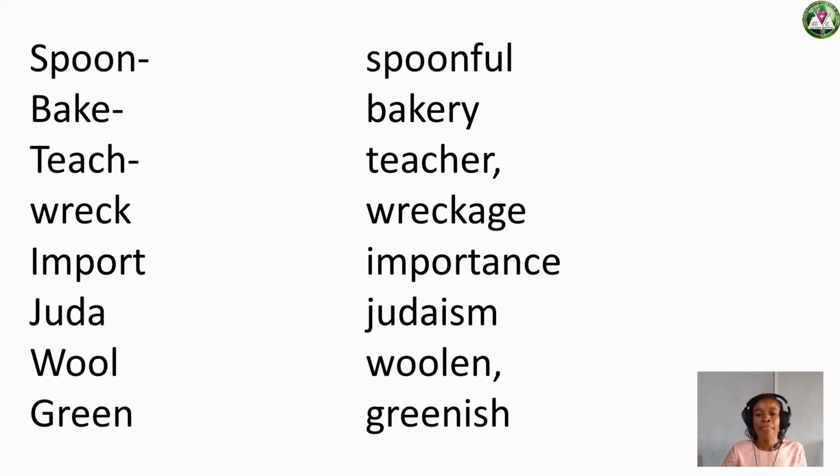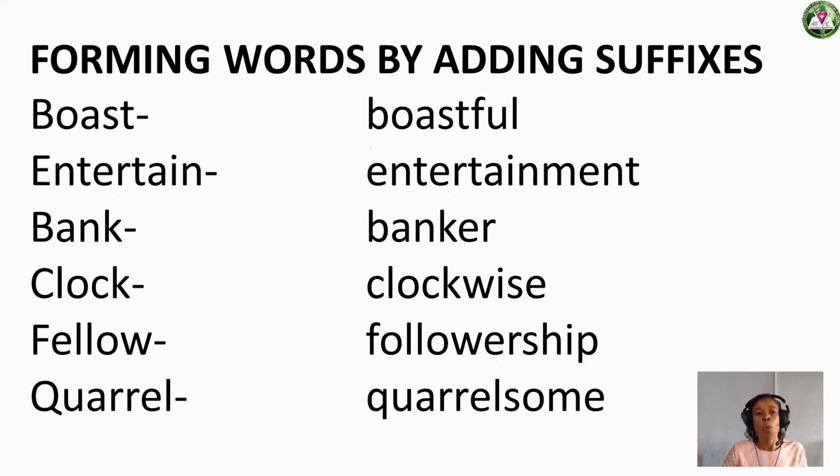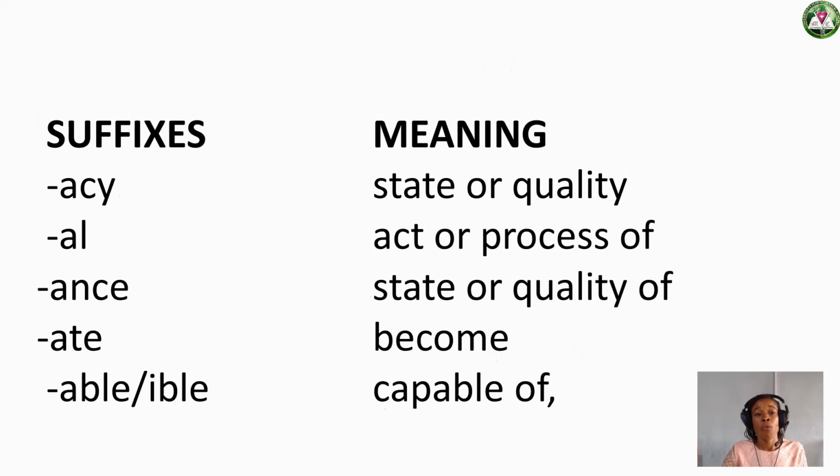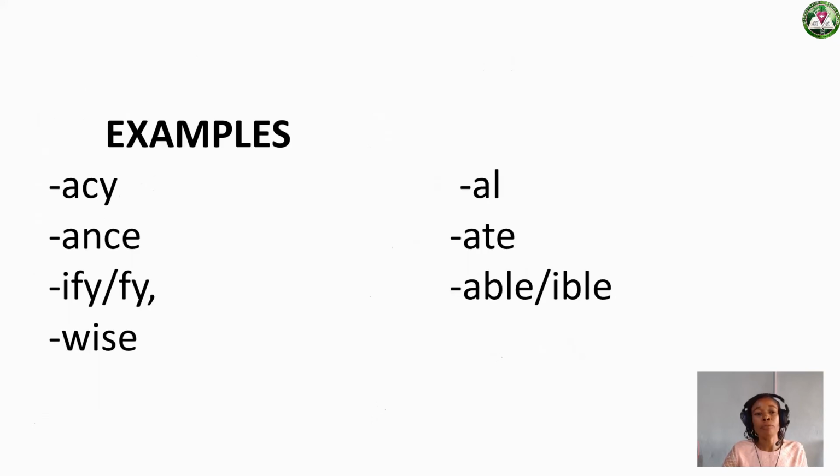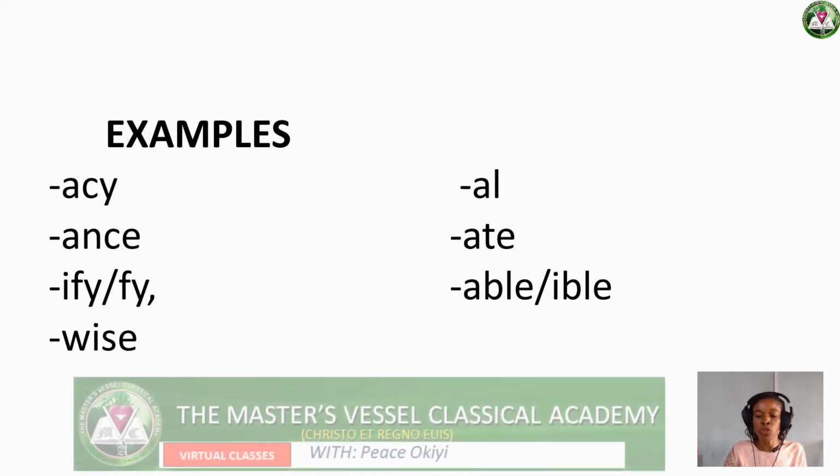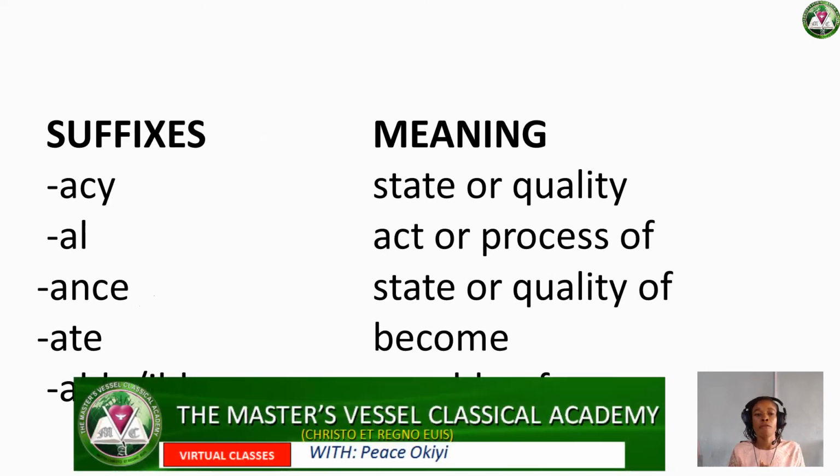So right now we've been able to look at what a suffix is. We have looked at examples of some suffixes. We have mentioned esi, ans, ifi, wise, al, et, able, and so on. And I've given you some of their examples and their meanings.